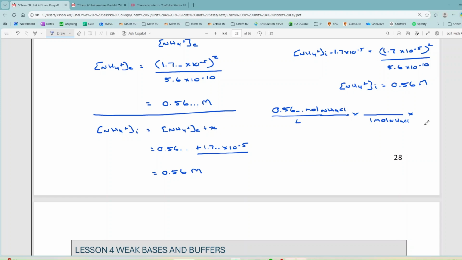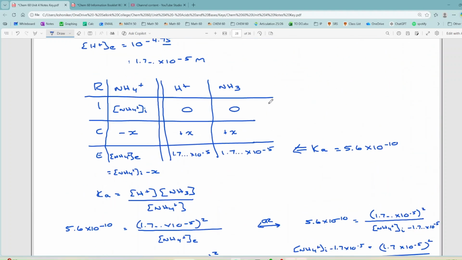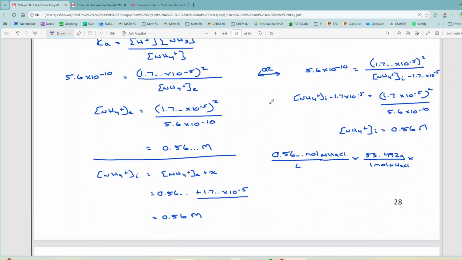So I'm going to store that. Okay, so nitrogen is 14.01, hydrogen, there's 4 of them, at 1.008, and then a chloride is 35.45, gives me a molar mass of 53.492 grams. And then the volume to get rid of liters was 1.5 liters.